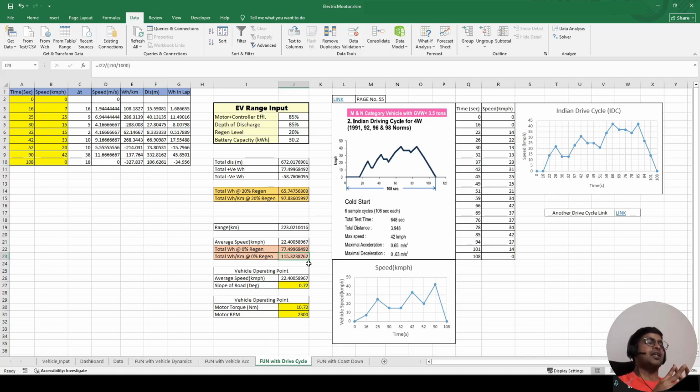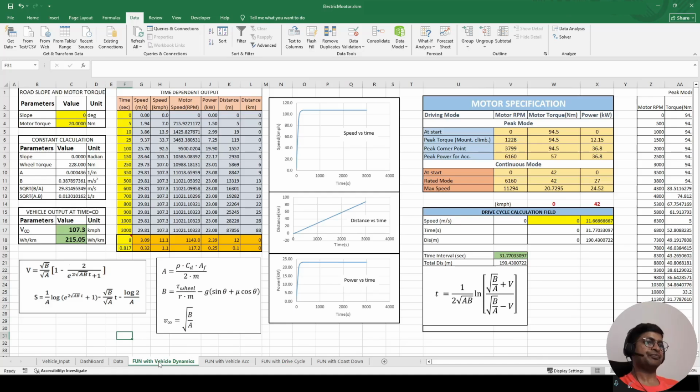So now what is the driving condition that I need to find out so that the vehicle can travel at a speed of 22.4 kmph and still consume 115.32 watt hour per kilometer? To calculate the driving condition, let's come to this vehicle dynamics sheet.